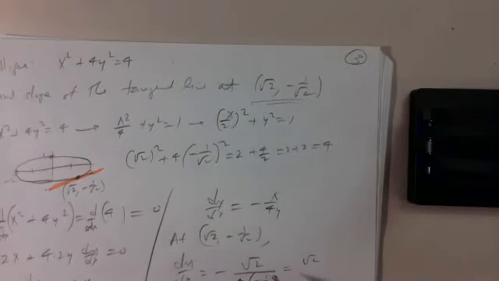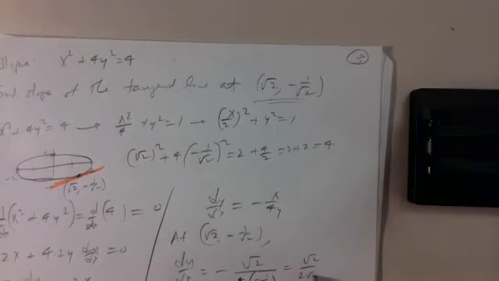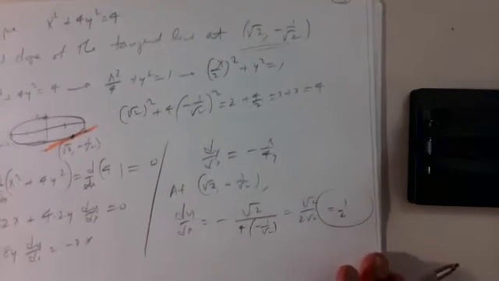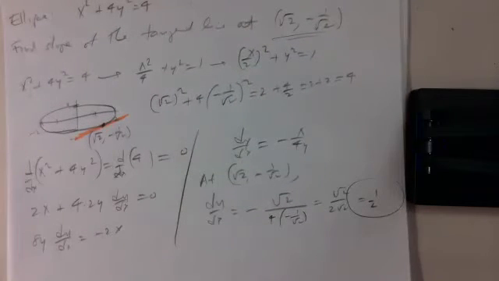So the minus signs cancel. 4 over root 2 is 2 root 2. So we get a half. So the tangent line has slope a half.